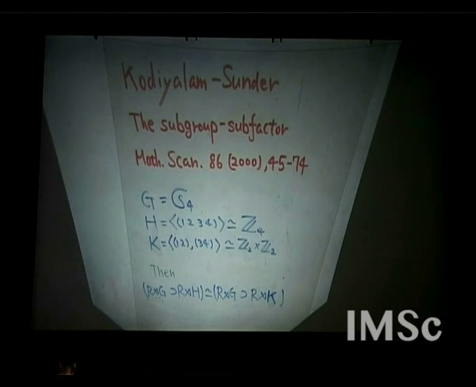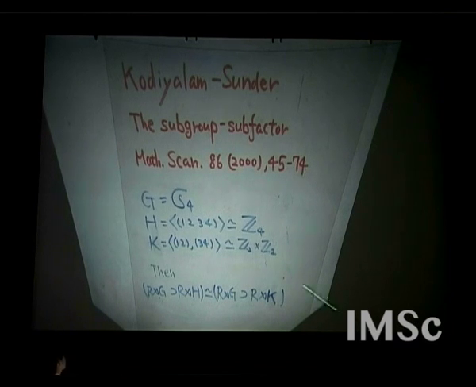So they came up with this counterexample, where the larger group G is the symmetric group of degree 4. Let's consider two subgroups. The first group H is the subgroup generated by this permutation, so it's isomorphic to Z over 4Z. The next group K is the subgroup generated by these two permutations.